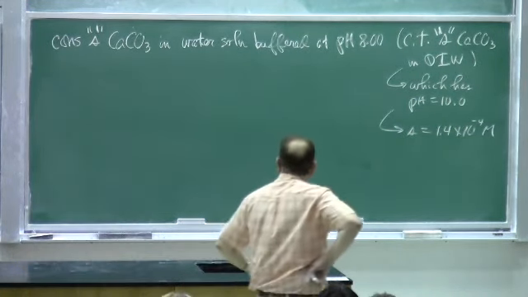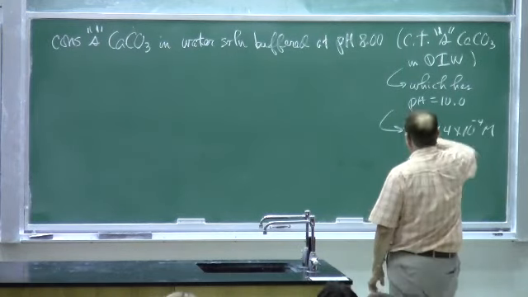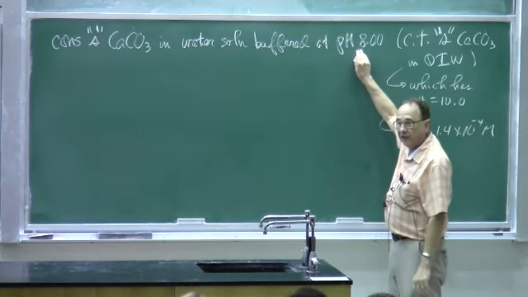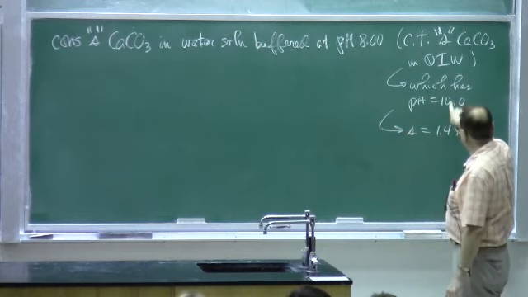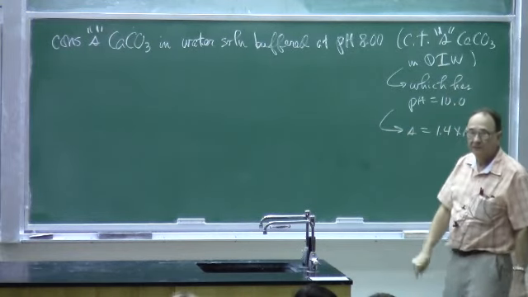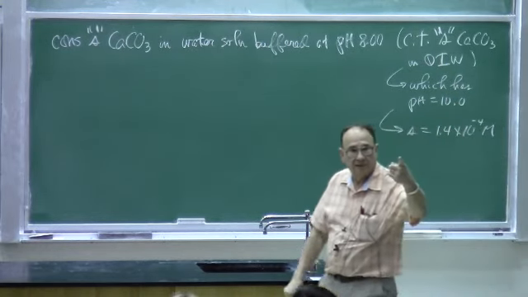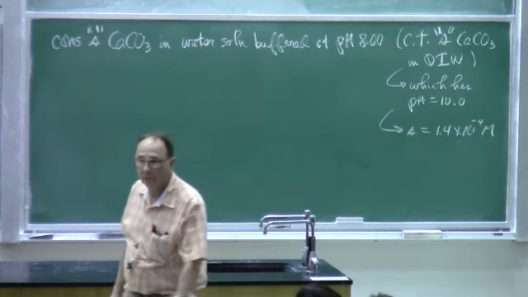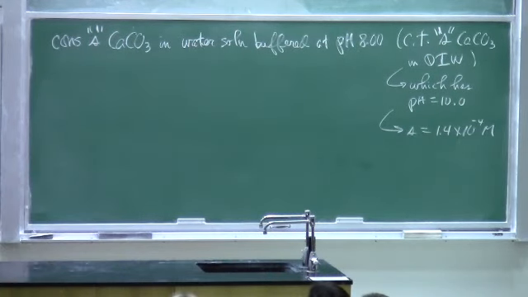How does the solubility of calcium carbonate in this solution buffered at pH 8 compare to this number? Which is smaller, S in the pH 8.00 buffer or 1.4 times 10 to the minus 4?